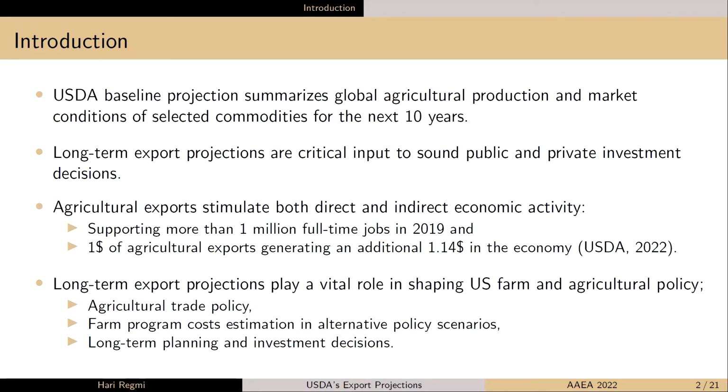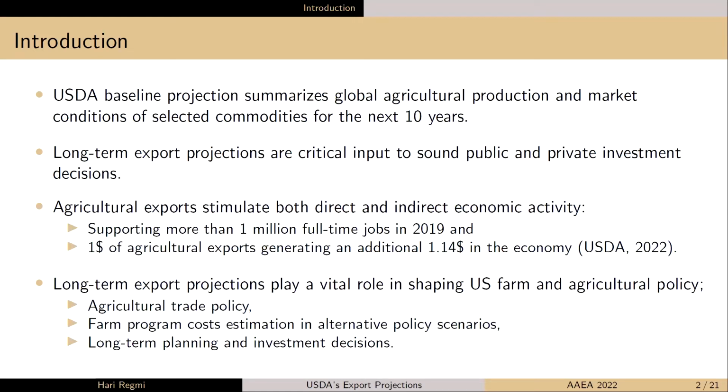For example, the USDA 2022 report that agriculture export in 2019 supports more than 1 million full-time civilian jobs in the US, and $1 of ag exports generates an additional $1.14 in the economy. So long-term export projection is critical in shaping US agriculture and trade policy.